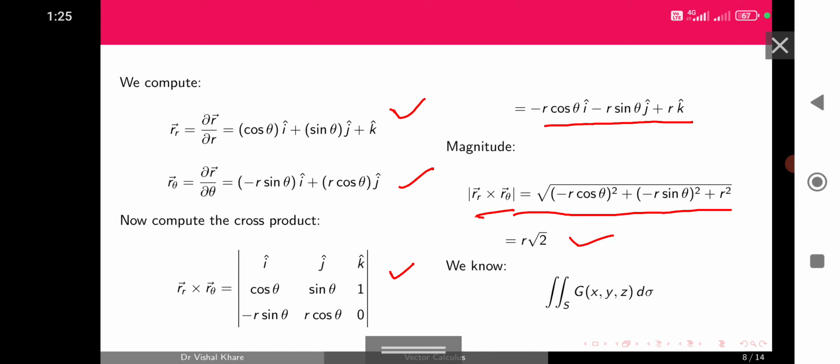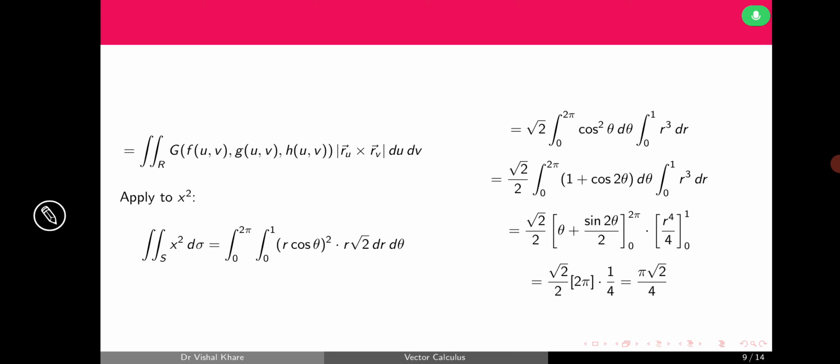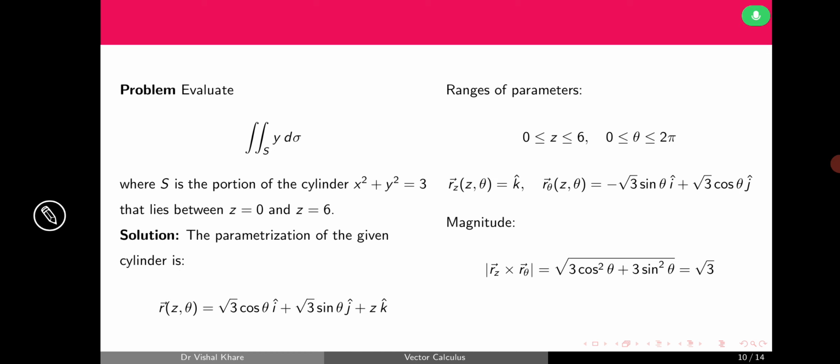Now we apply the formula, put all these values in, and solving step by step we get these steps, and we get pi root 2 by 4. That is the final answer.